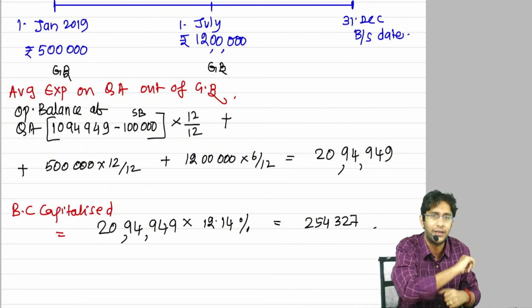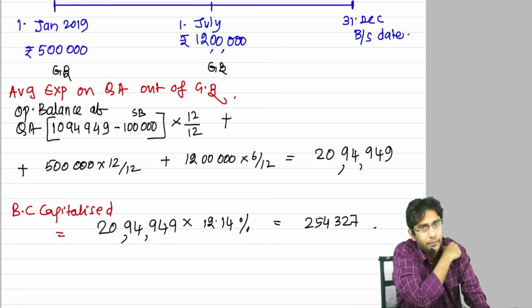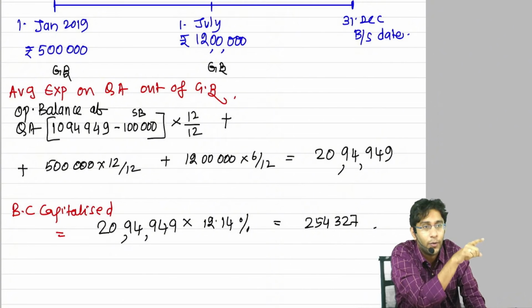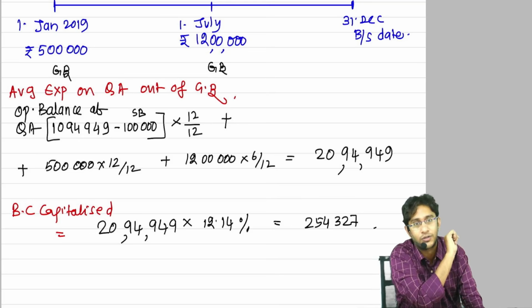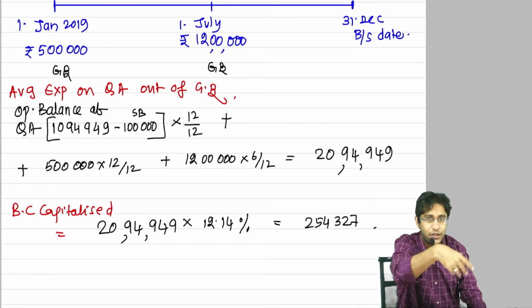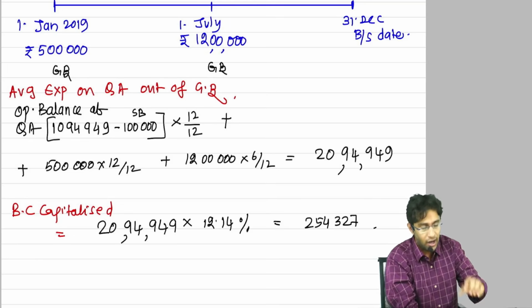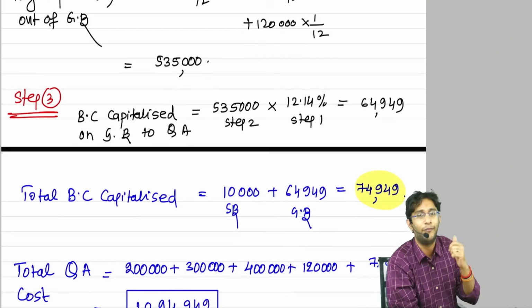From where did you pay the 10,000? Where did that money come from? The project did not generate money, work is not completed. So that 10,000 rupees also is paid out of general borrowings only. Which 10,000? The specific borrowing interest cost, which you capitalize, no. That cash out of the bank also came from general borrowings. Next, 64,949 interest is there. From where did you pay that?